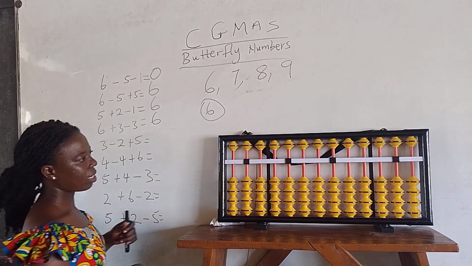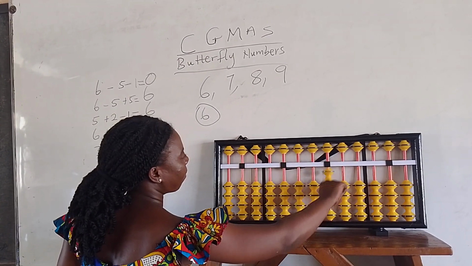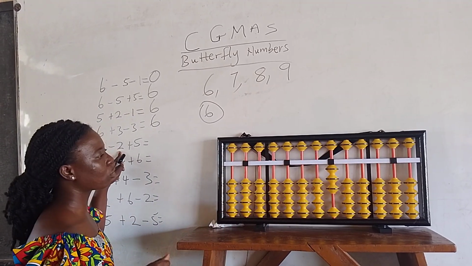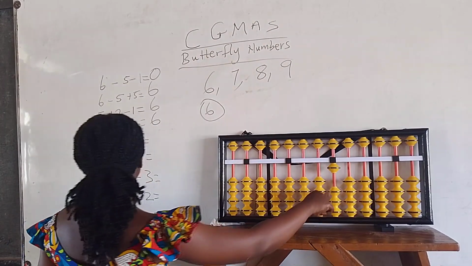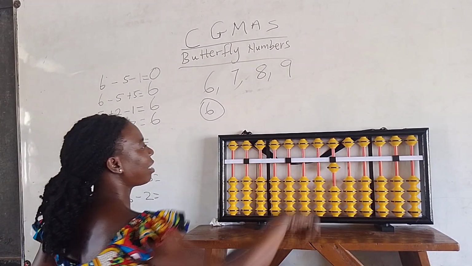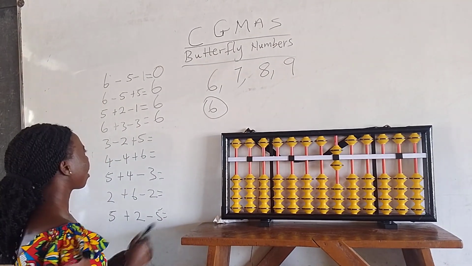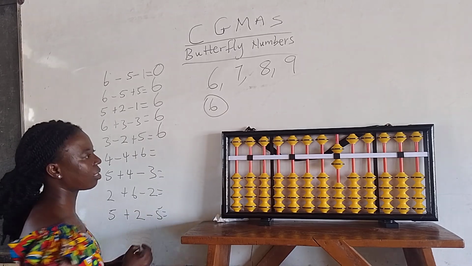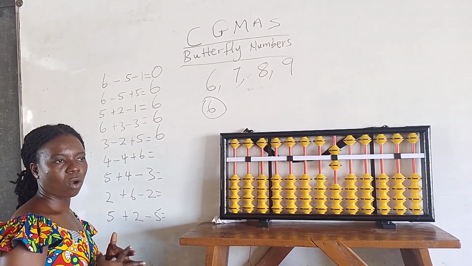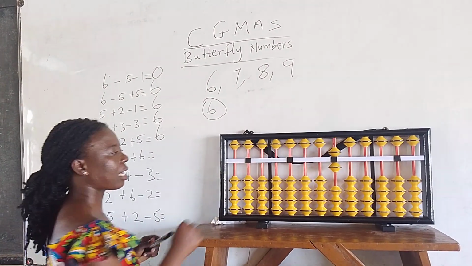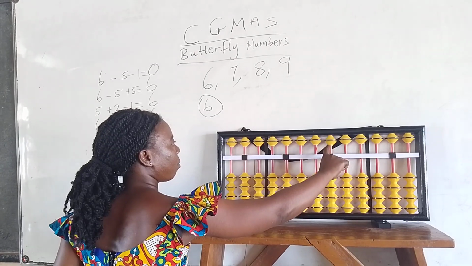So 3, let's go. Thumb up, 3. Now you have minus 2. Index finger down, 2. Then you have plus 5. Index finger down, plus 5. Very good. So what will be our answer? The answer is 6. Good. Is that okay? Now, let's clear our tool and work the next problem.